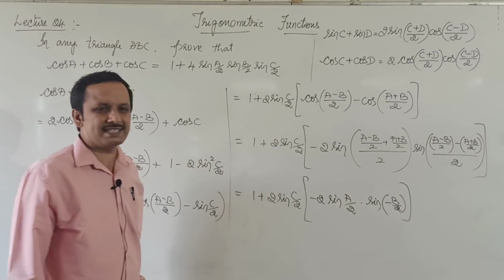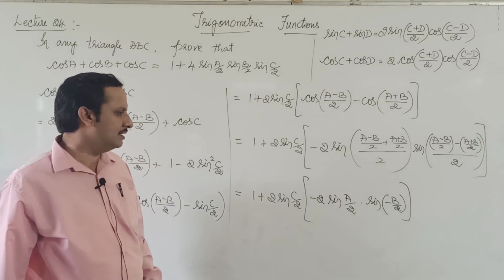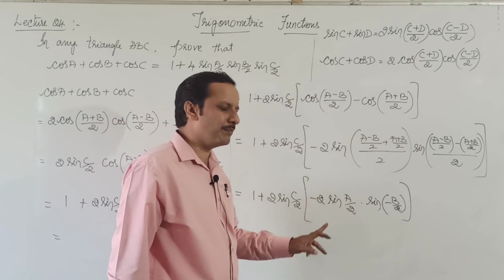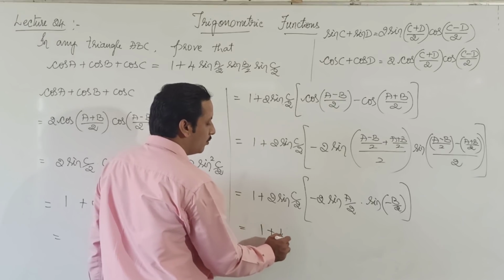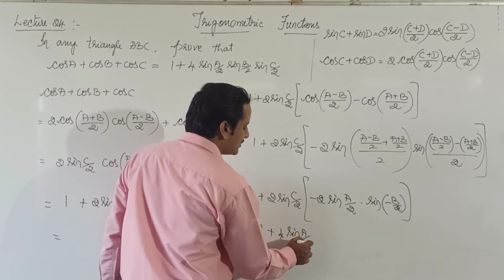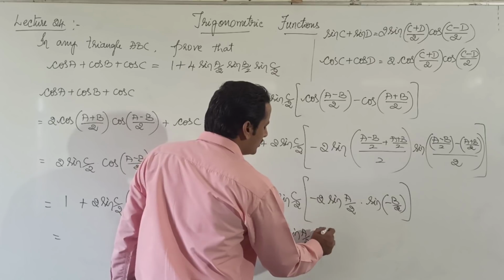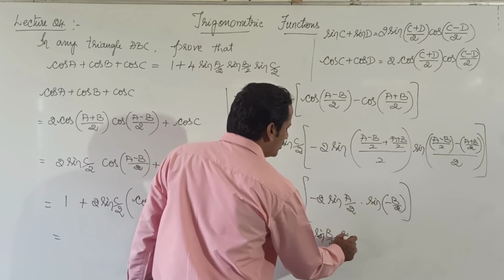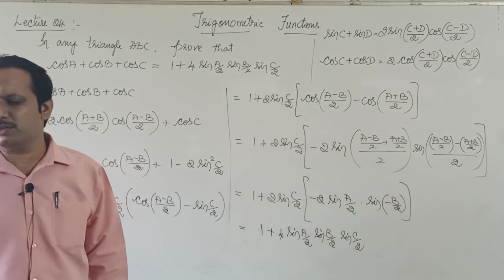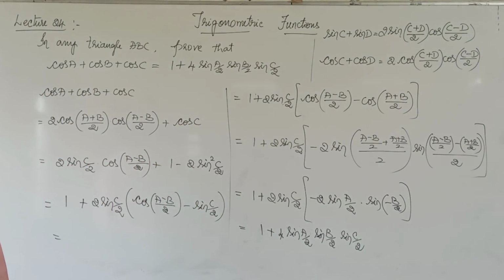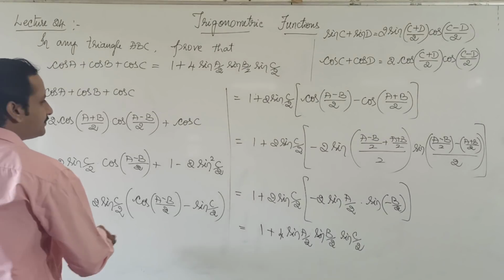It looks like sin of minus theta. Sin of minus theta is minus sin theta. So that minus into this minus it will become plus, and 2 into 2 it will be 4. So we have 1 plus 4 sin a by 2 sin b by 2 into sin c by 2.